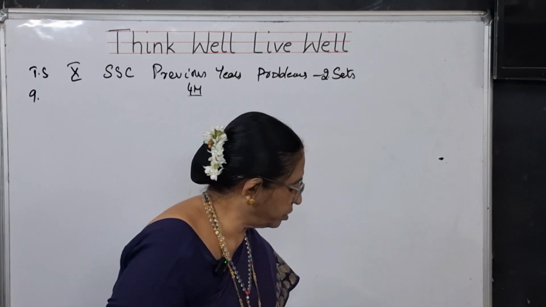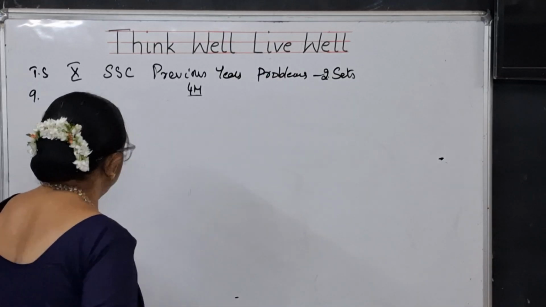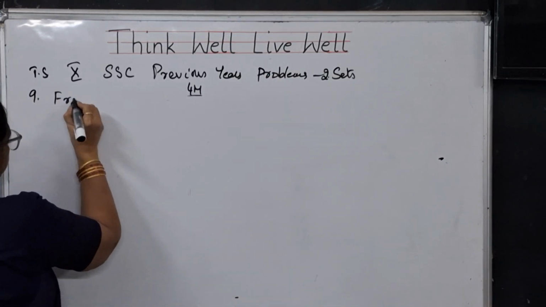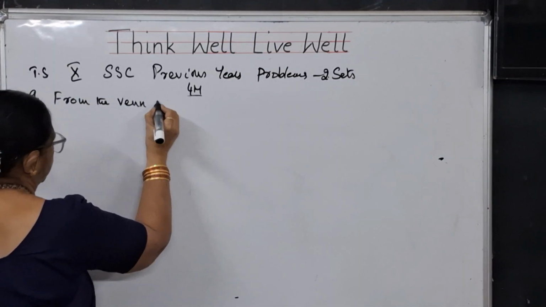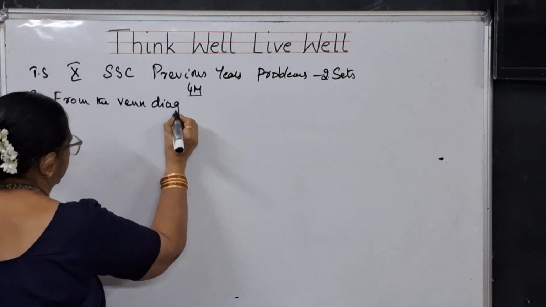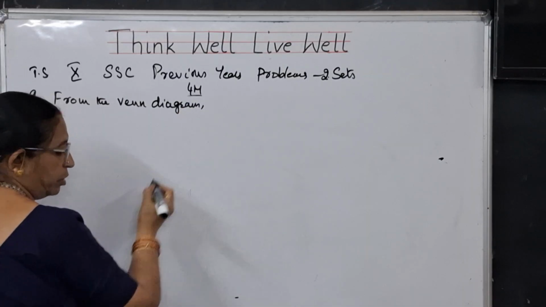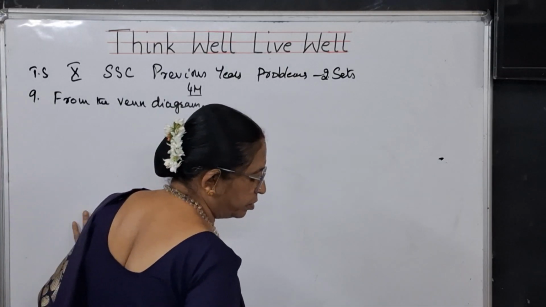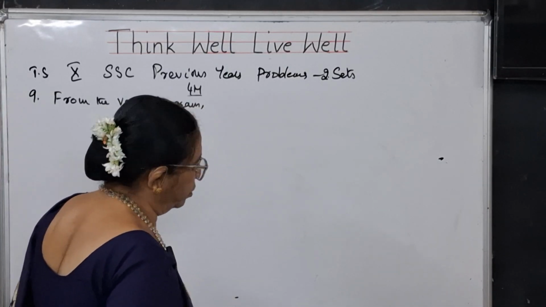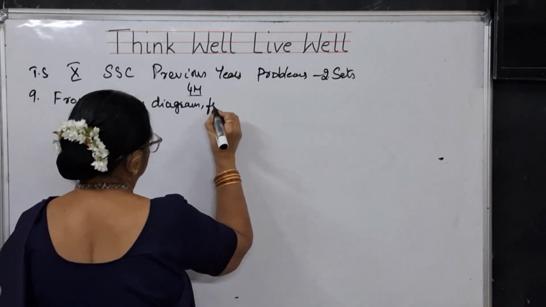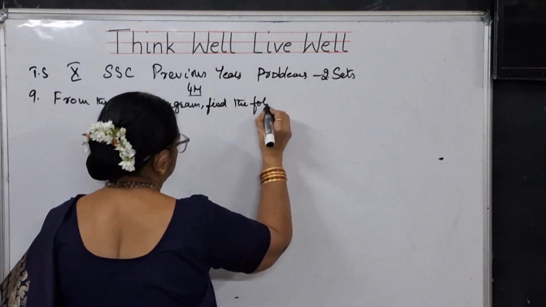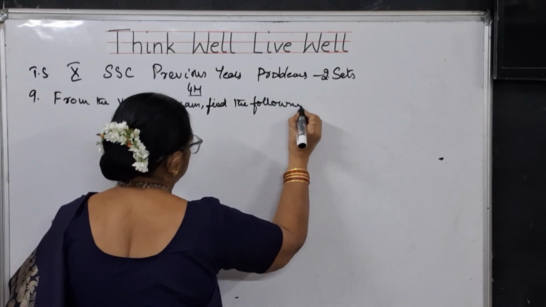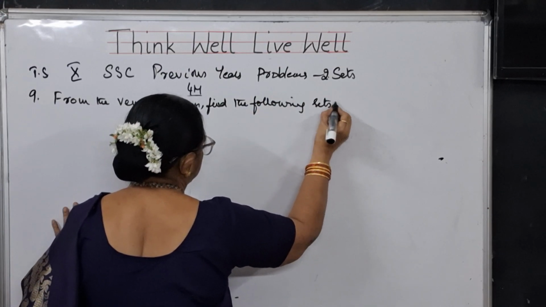From the Venn diagram, find the following sets.